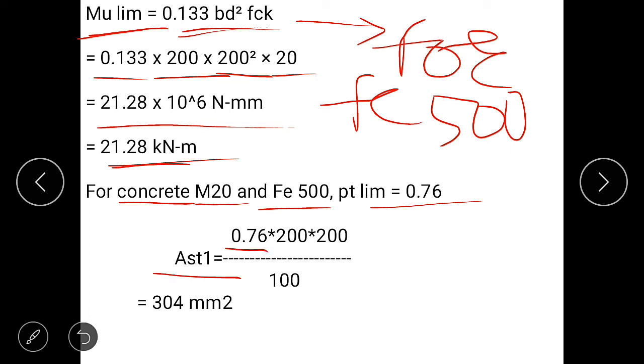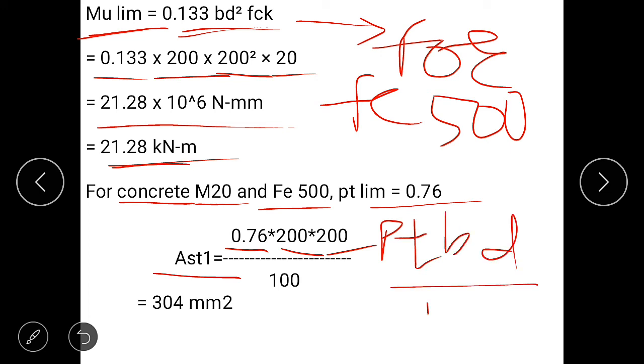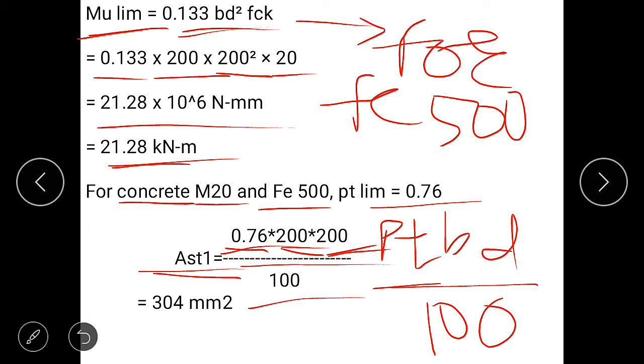Use percentage 0.76 of bd. The formula to calculate Ast1 is pt into b into d divided by 100. So pt is 0.76, B is 200 and D is 200, divided by 100. So Ast1 is 304 mm square.